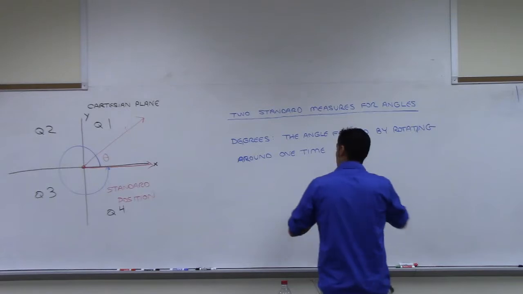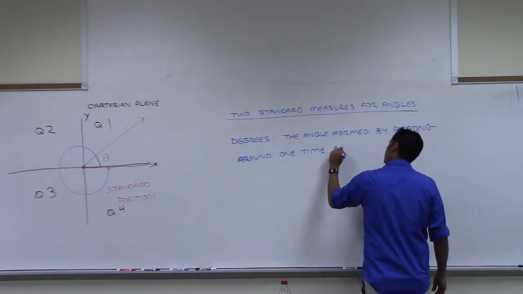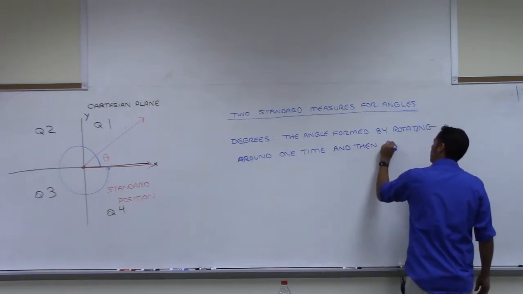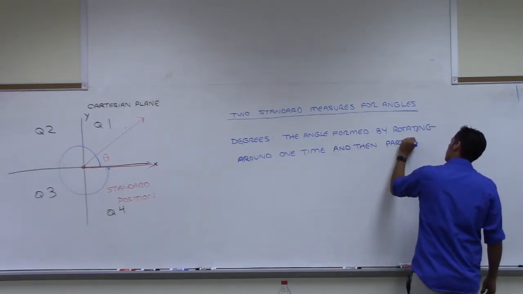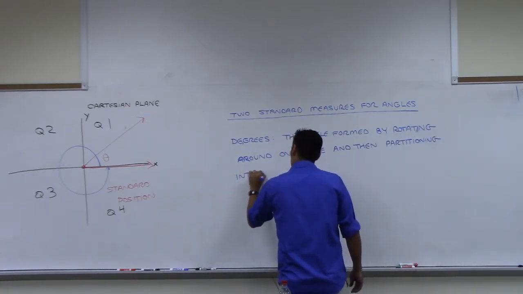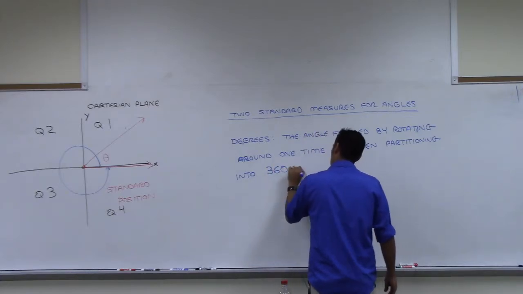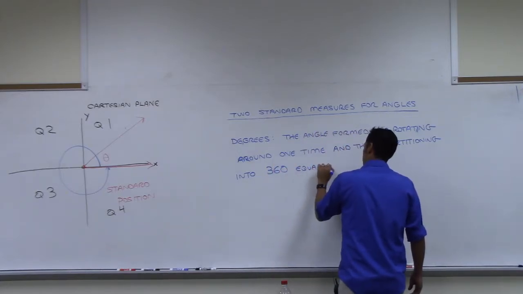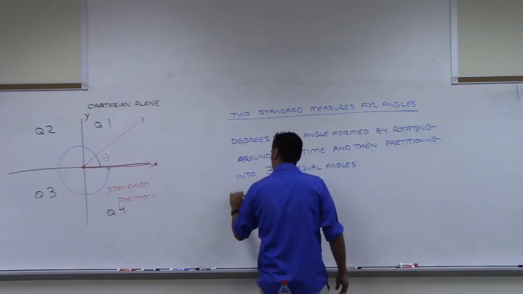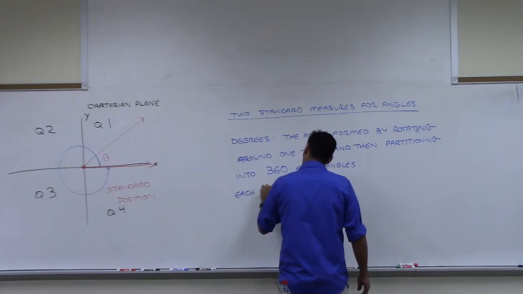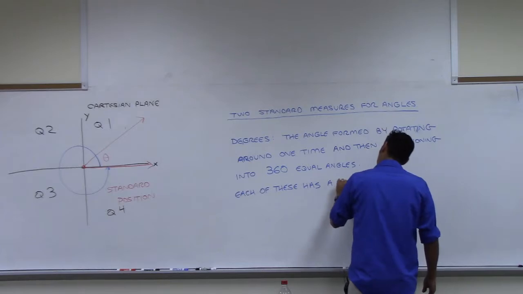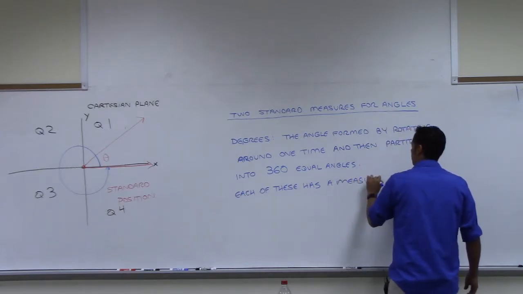So the angle formed by rotating around 1 time and then partitioning into 360 equal angles, each of these has a measure of 1 degree.